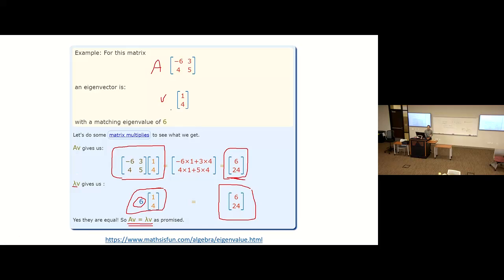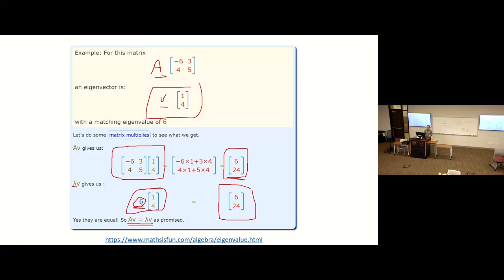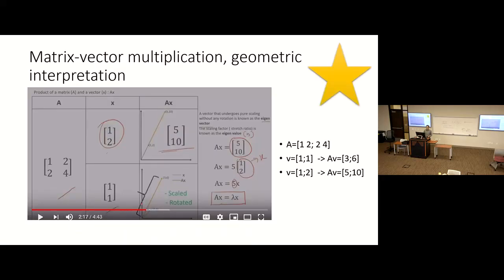Think about A as a rotation matrix, and V is a special vector in the space. You use A to rotate V. V will not change direction, only the magnitude, how long the norm of V is, by a factor of the eigenvalue.